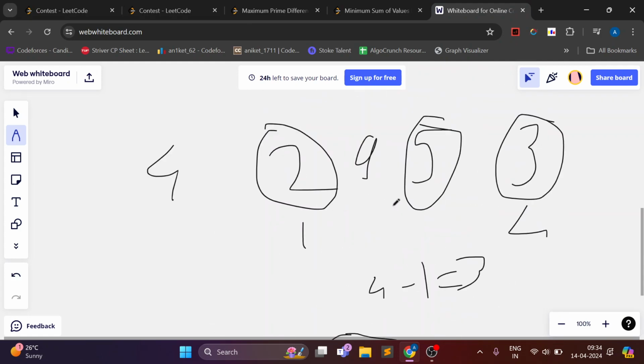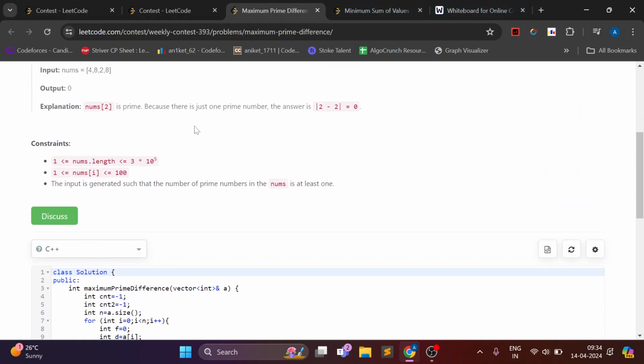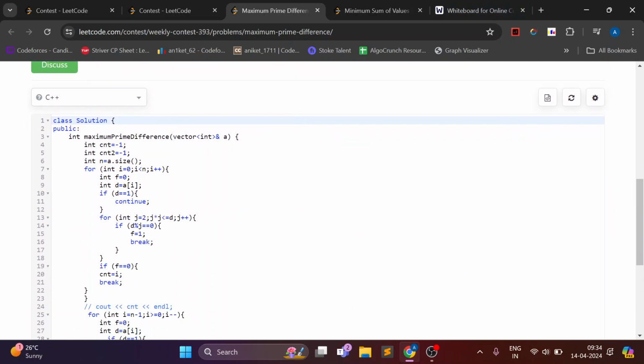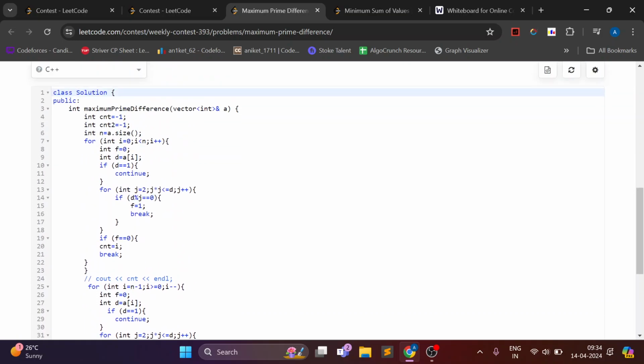So in simple terms, the answer here will be the difference between the indices of the leftmost prime number and the rightmost prime number, because that will always give you the maximum index difference. So first we find the index of the first prime number from the left, then find the index of the first prime number from the last, and just print the difference between them.